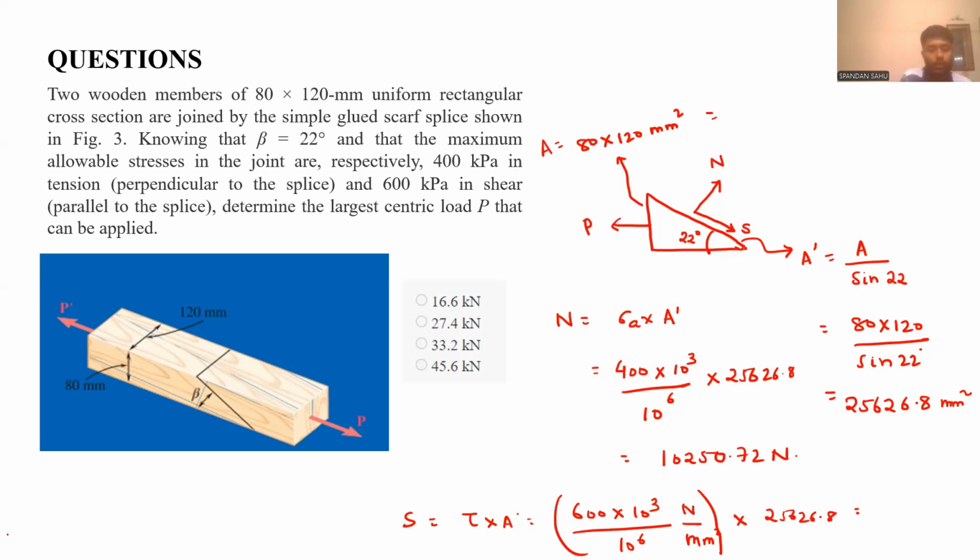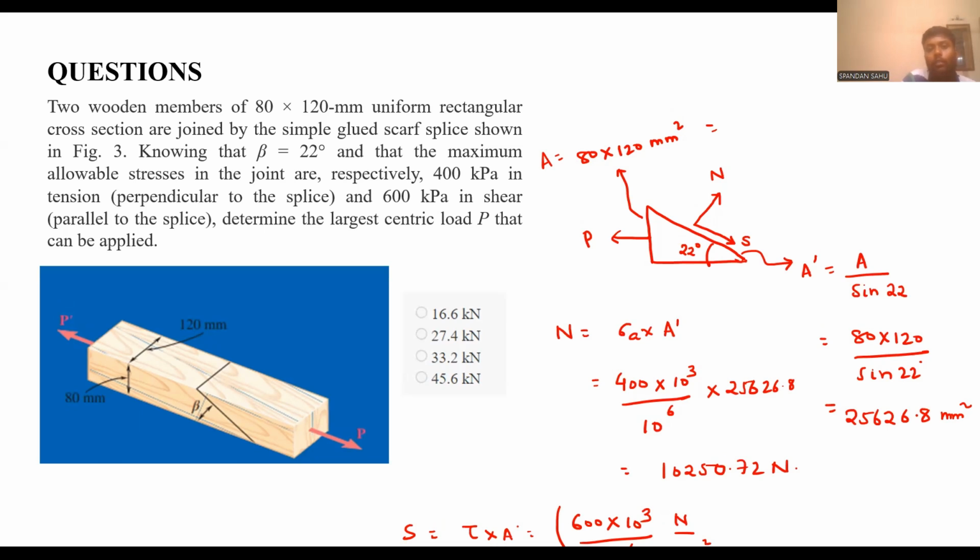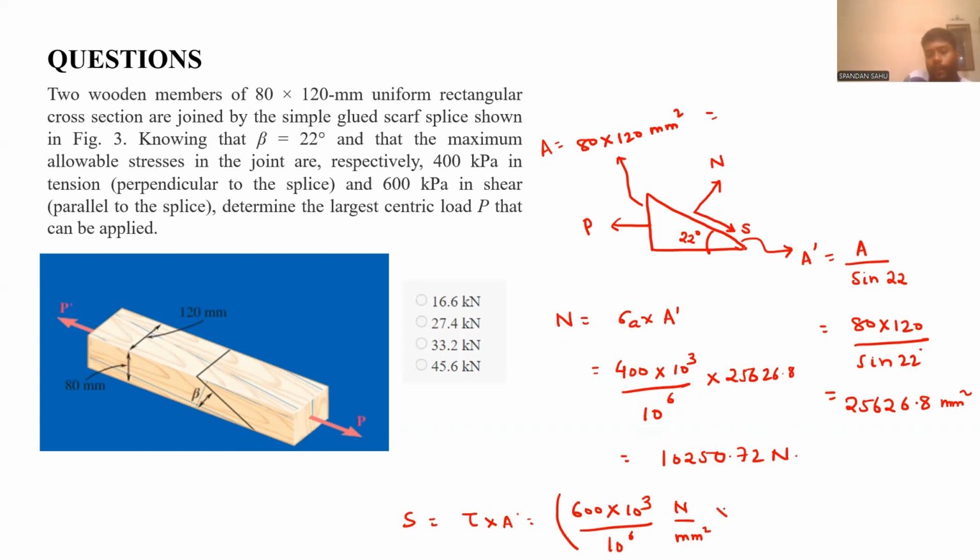So whatever you get will be in terms of 600 into 10 power 3 upon 10 power 6 Newton per mm square into 25626.